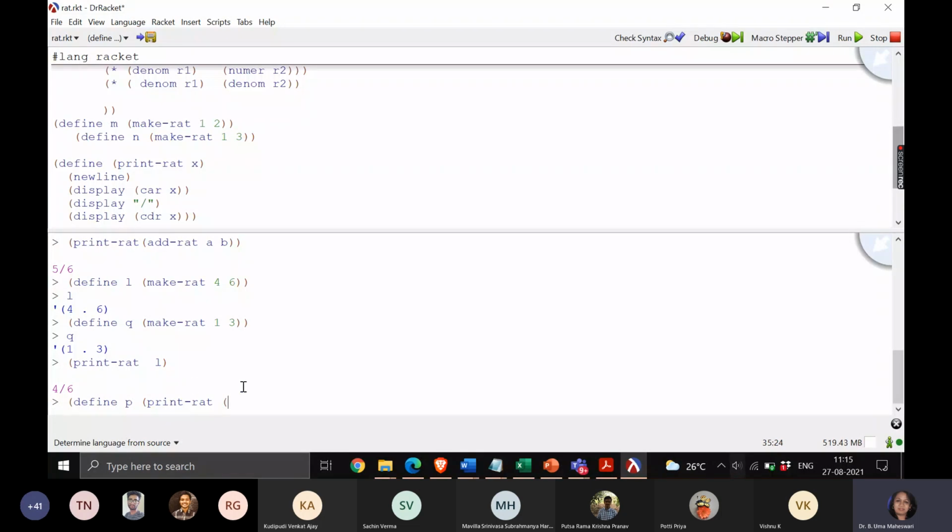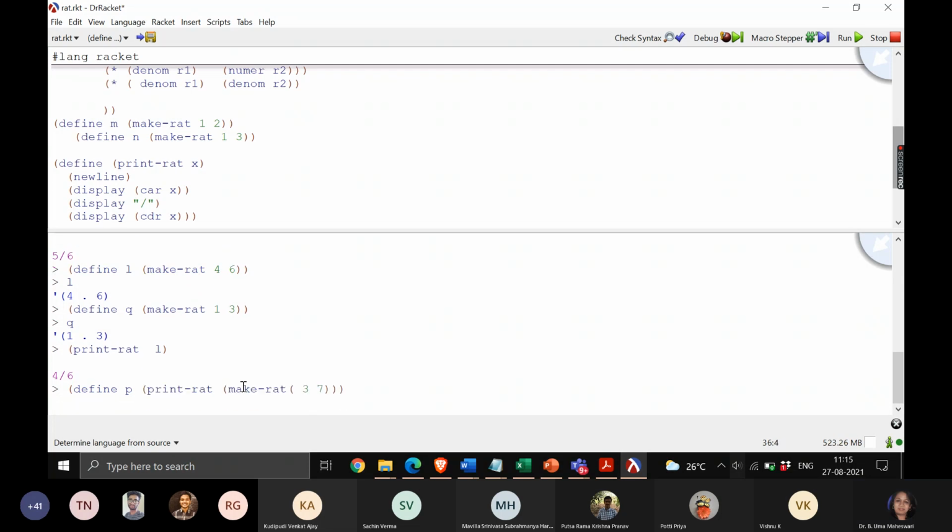I have to pass a rational number. So I'm just going to create it by passing something, 3 and 7. Is it right? So make rat of 3, 7, and then I'm just printing it and assigning to P. Shall I do like this?